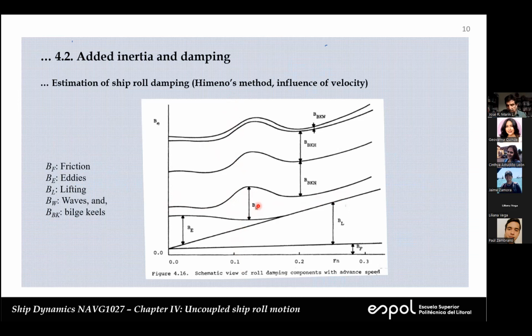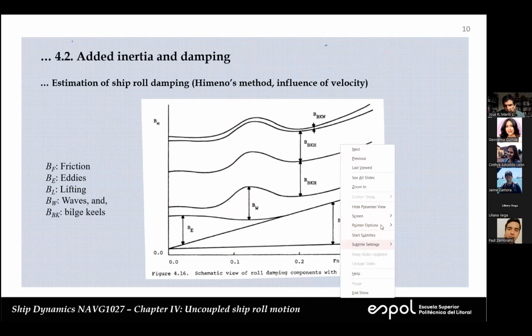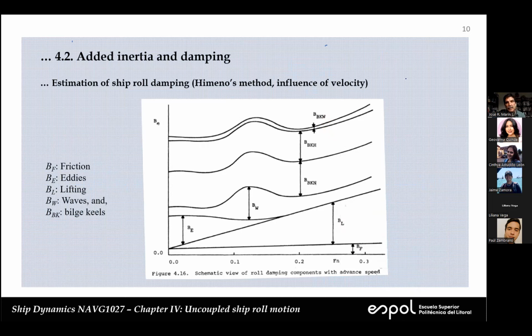Now, something very interesting is when we consider the new generation of stability conditions, stability analysis, that I mentioned before. They considered a situation that they call the dead ship situation. They have a ship with no velocity and waves coming from the beam.